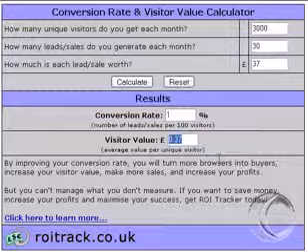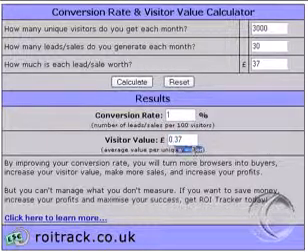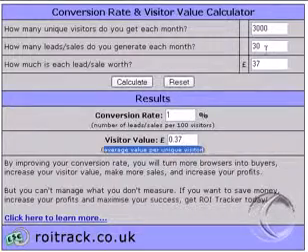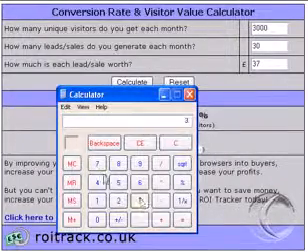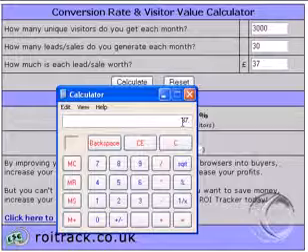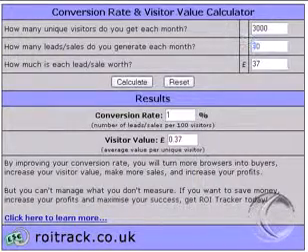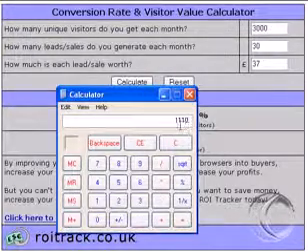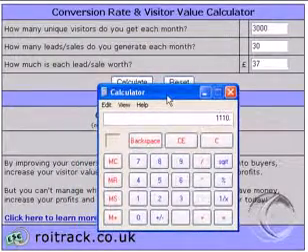Now the visitor value is the average value per unique visitor, which means this is how much value every visitor to my site has. Since I make $37 per sale, and there are 30 sales in the month, times 30, that means I make $1,110 total for these 3,000 visitors right here.